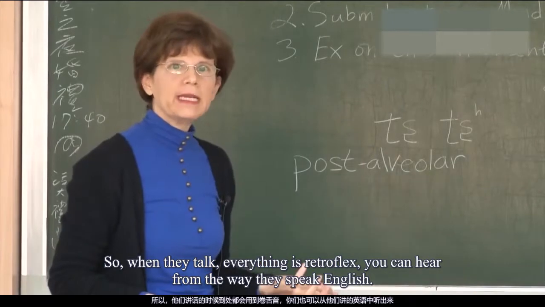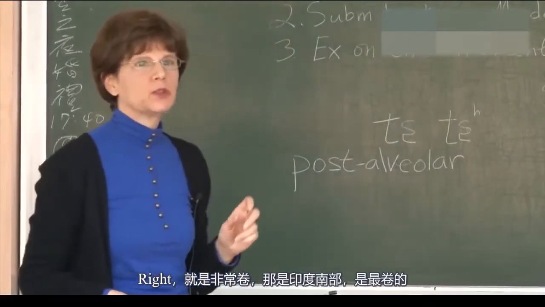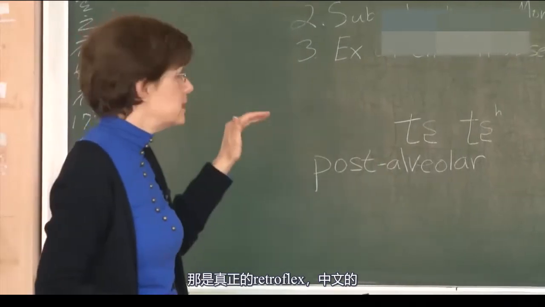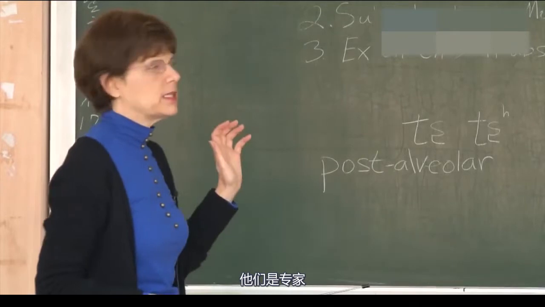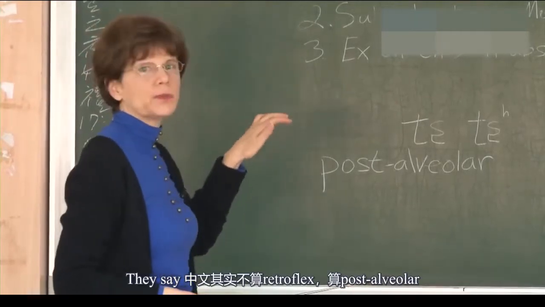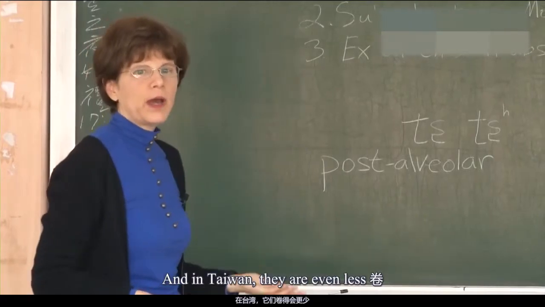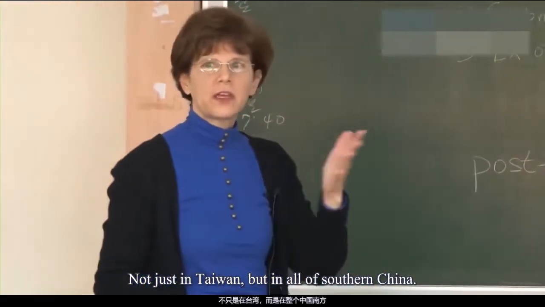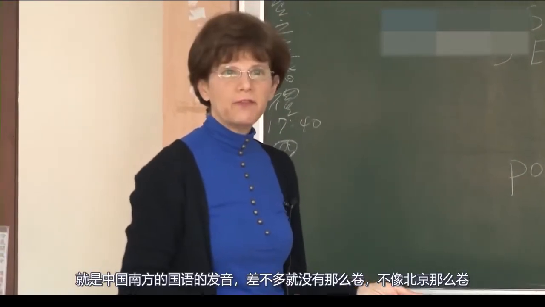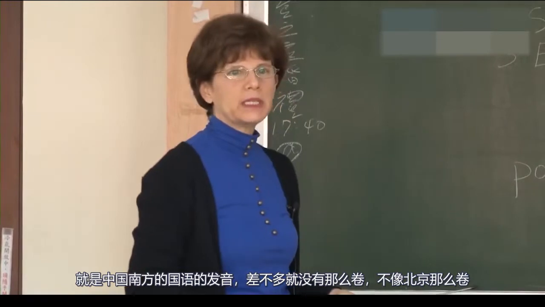You can tell from the way they speak English, right? 就是非常卷，那是印度南部是最卷的，那是真正的 retroflex。中文的，依照 Ladefoged 和 Ian Maddieson，他们是专家。They say 中文的其实不算 retroflex, 算 post-alveolar, 没有那么卷. And in Taiwan, they're even less 卷. Not just in Taiwan, but in all of southern China, 就中国南方的国语的发音，差不多就没有那么卷，不像北京那么卷.